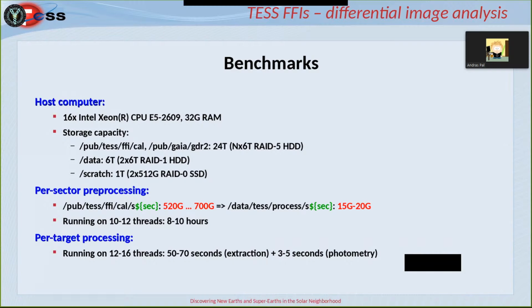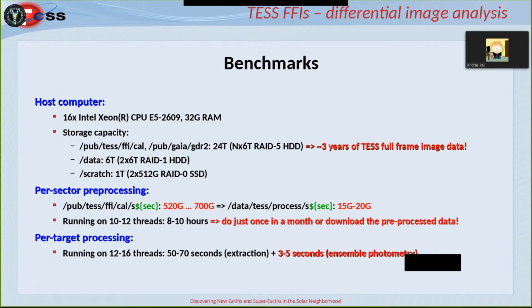You basically need to check not all of the images, but all of the images from a single camera from a single sector, which is on the order of 40, 50 gigabytes. So you have to pick up 40 gigabytes, extract your favorite star or favorite field of view, and then you can do the processing afterwards.